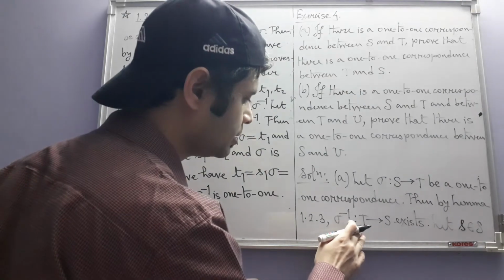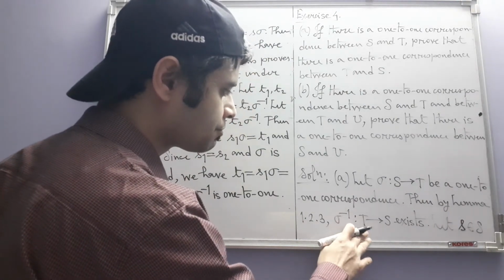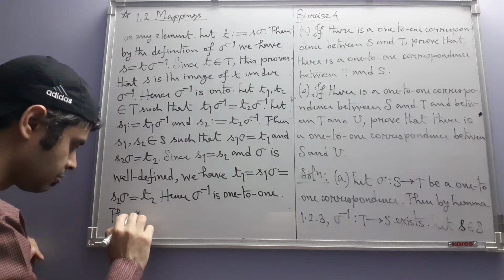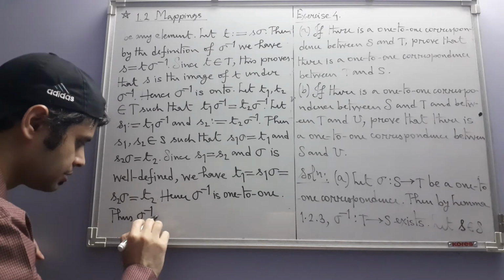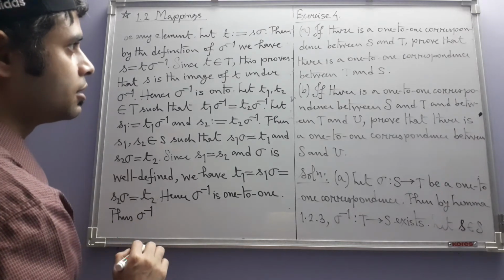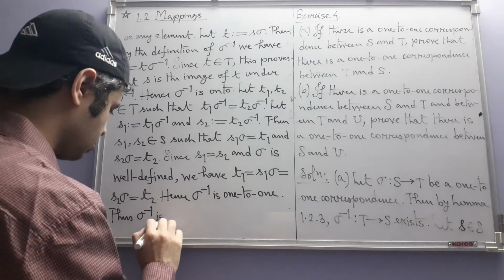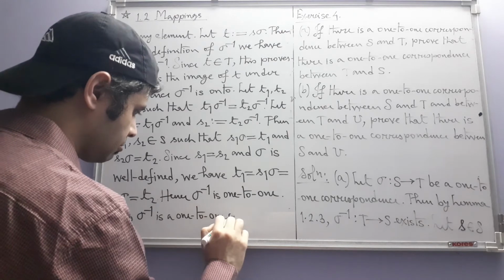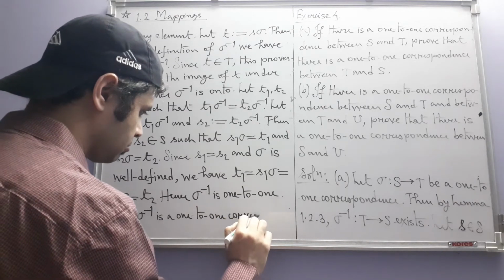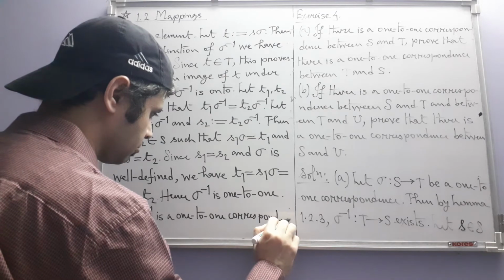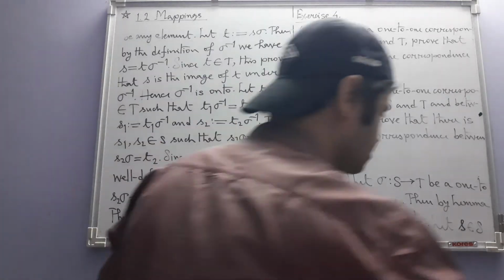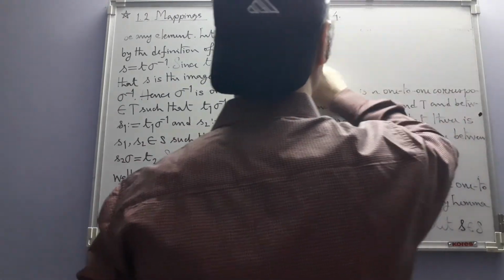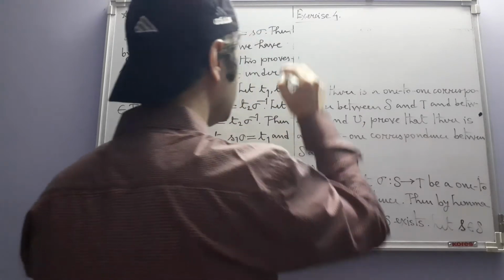We needed to show that there is a 1 to 1 correspondence from T to S also. Thus sigma inverse is a one-to-one correspondence between T and S.